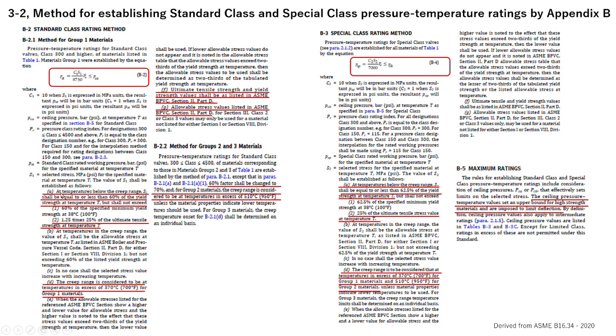A, at temperature below the creep range, S1 shall be equal to or less than 60% of the yield strength at temperature T, but shall not exceed the following: 1.25 times 25% of the ultimate tensile strength at temperature T. So easily thinking, the lower value is to be selected.